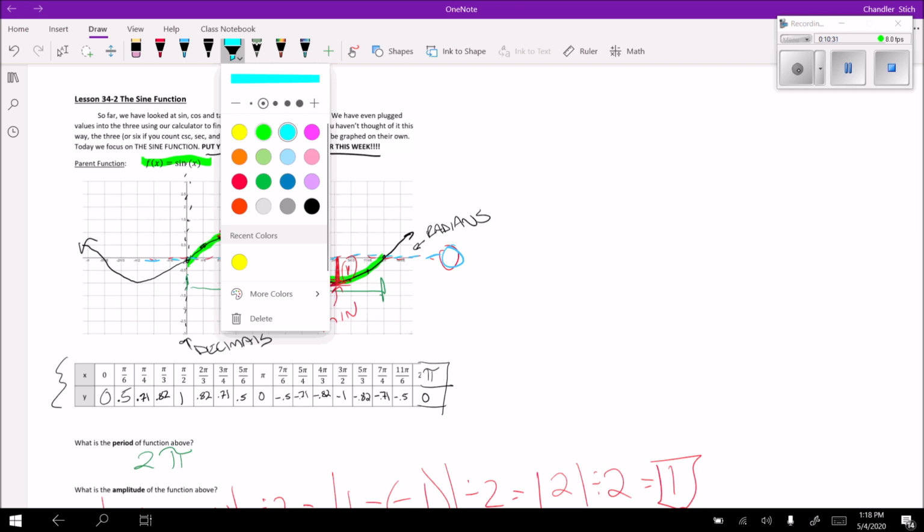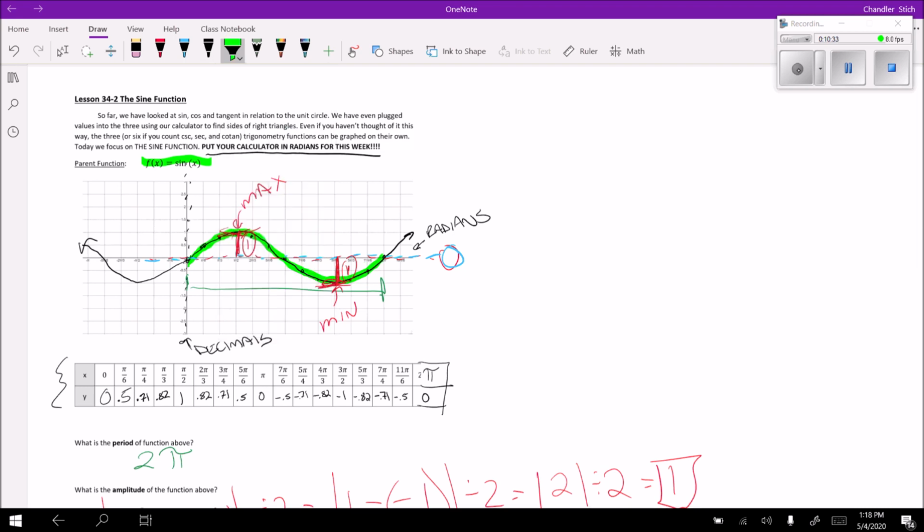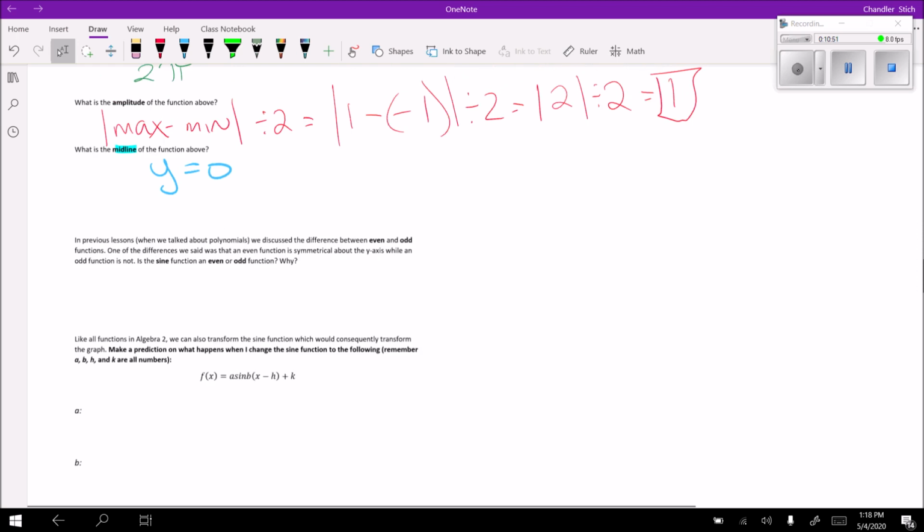Here is what I had graphed, right? If I was to fold it over, it would look like that. So this part right here would actually fold back up here, which is not the direction that my graph goes. So because of that, what you have is an odd function.